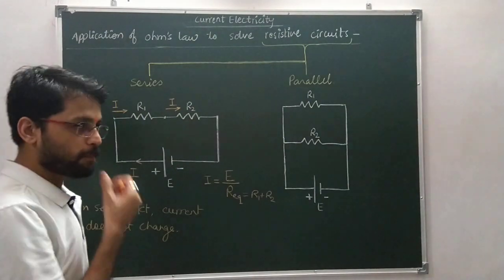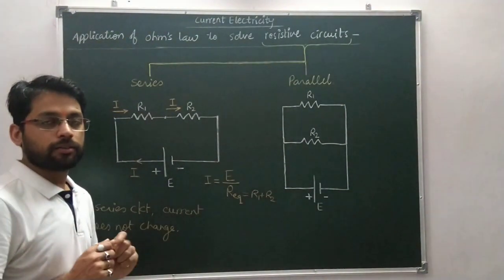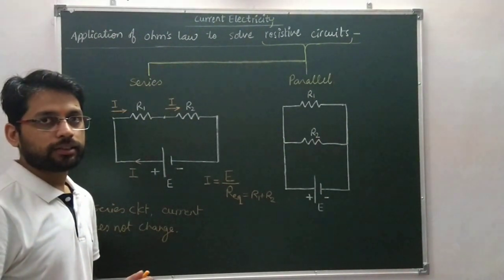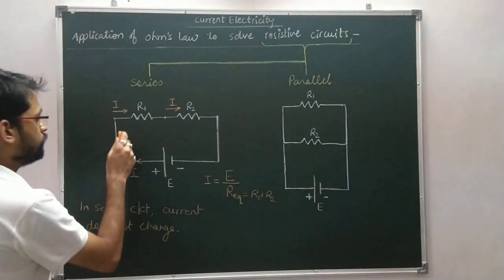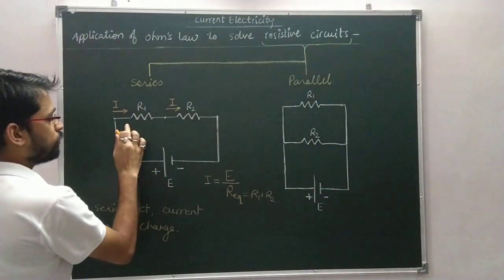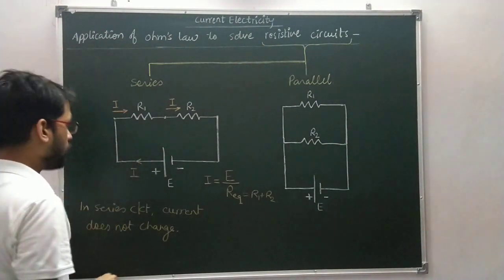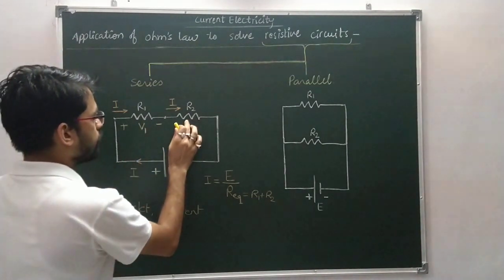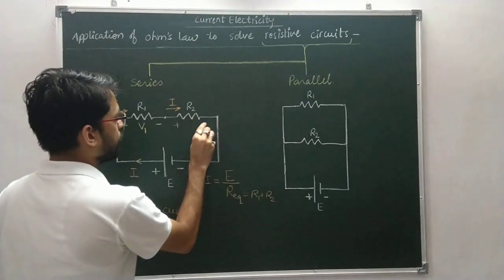But the voltage or potential difference across the resistors will be changed. Now the potential difference or voltage across R1 will be V1 and the potential difference across R2 will be V2.